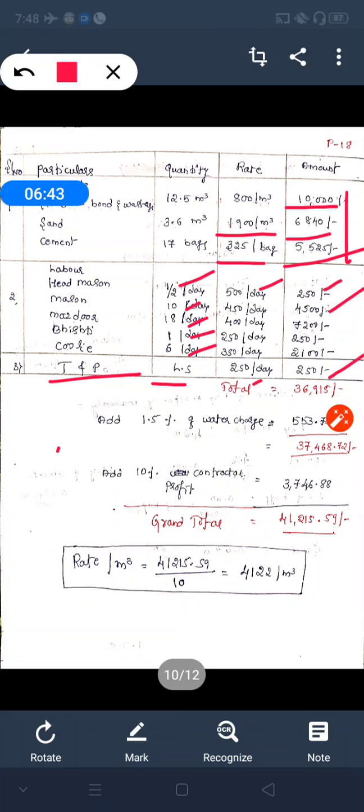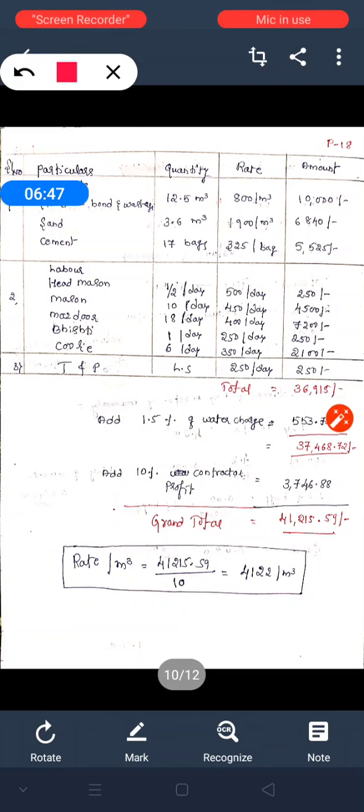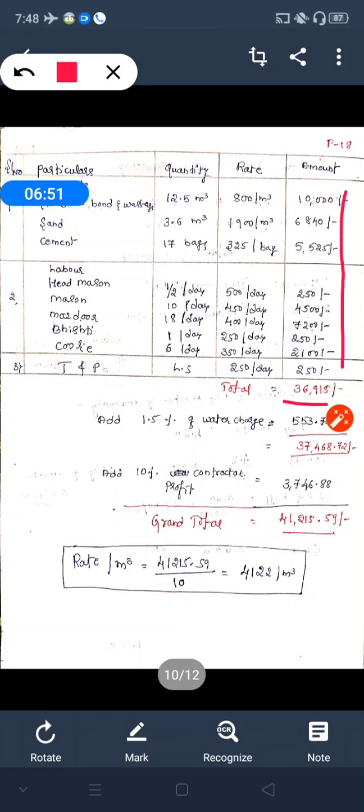Then after adding all this amount, we got the total amount as 36,915 here. For that we need to add 1.5% of the water charge. After adding the water charge, we got around 553.7. Then we added that amount, and we got the total amount as 37,468.72.